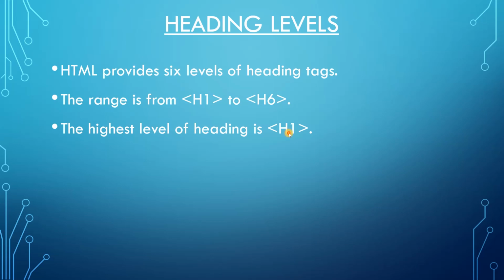Then in H2 it is smaller, then in H3 smaller still. The smallest level of heading will be H6. The font size becomes very small in H6, but the biggest font size will be in H1, and it will also be in bold. So the smallest level of heading is H6. You should know this difference: highest level of heading is H1 and smallest level of heading is H6.